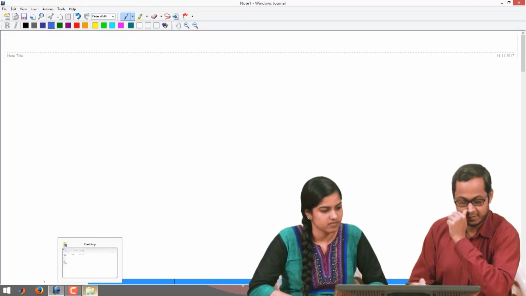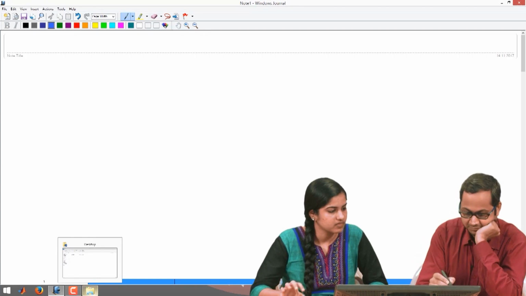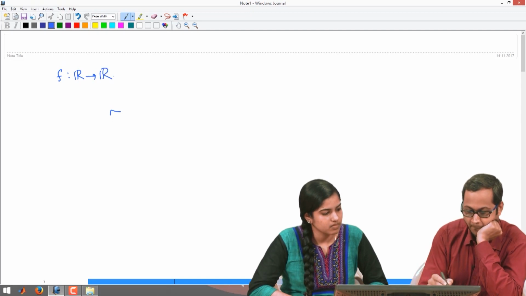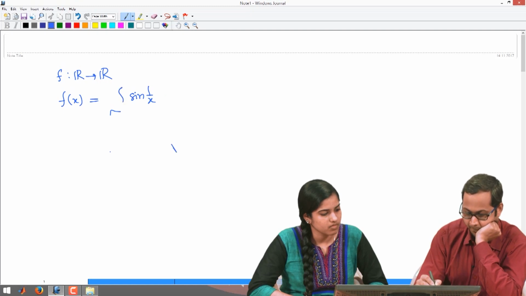Shall we discuss our problems? Yes, ma'am. Try to discuss the continuity of the following function. F is a function from R to R, defined by f of x is equal to sine 1 by x for x not equal to 0, and it is equal to 0 for x equal to 0.